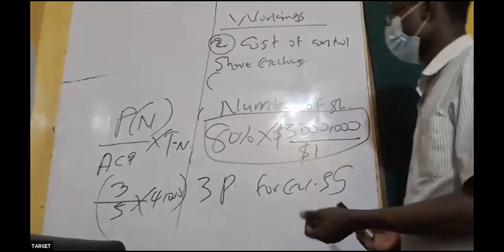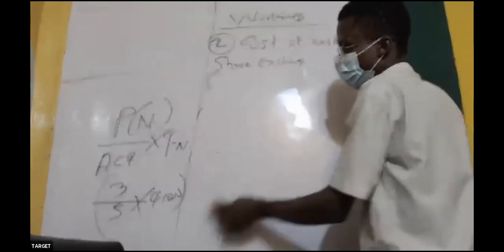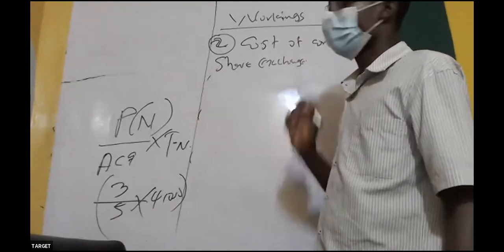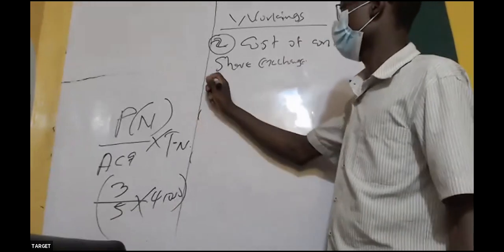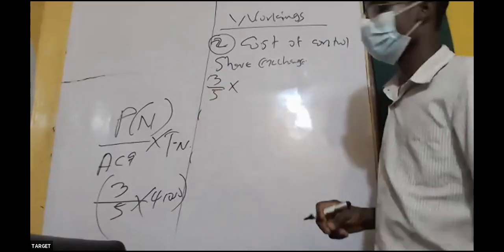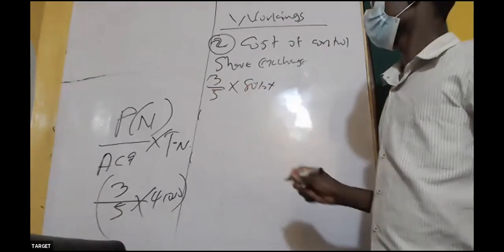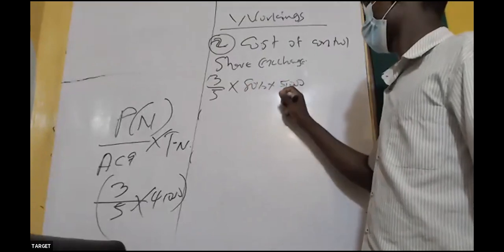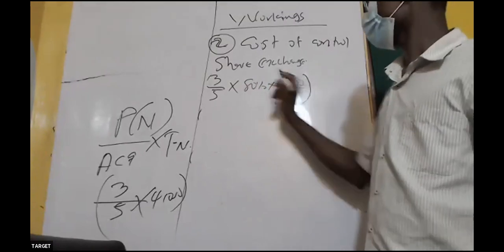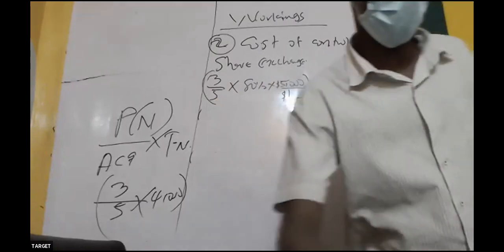Good. So let's do the entire computation. Putting all this together, first of all, pick the ratio, 3 out of 5 times the number of shares acquired. Number of shares acquired is 80% times the 5,000 divided by $1. Close it. This is the number of shares given out times the share price of the parent.